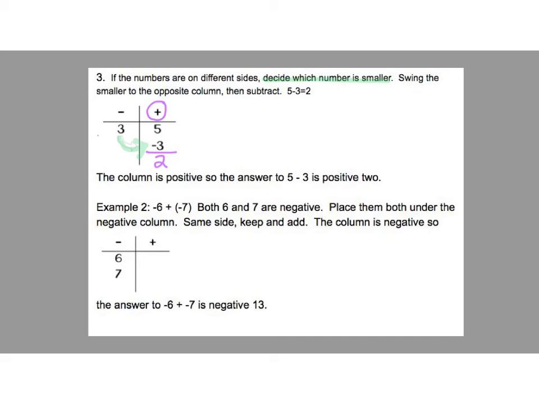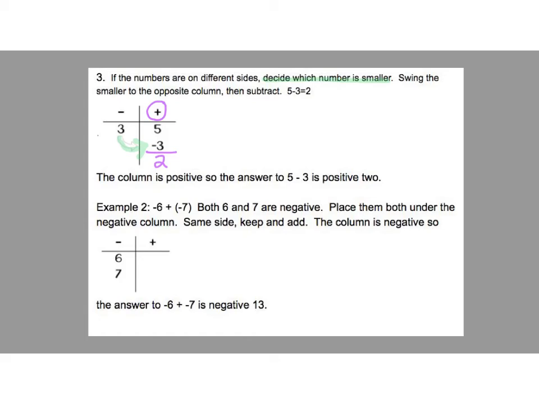Now let's look at an example where both of our numbers would fall under the same column. Let's say we have -6 plus -7. Both the 6 and the 7 are negative, so we would place them both under the negative column.